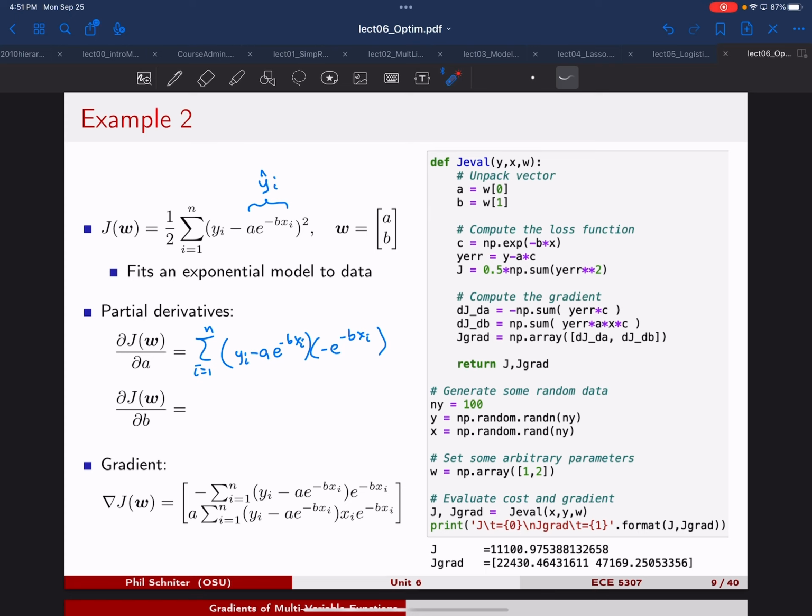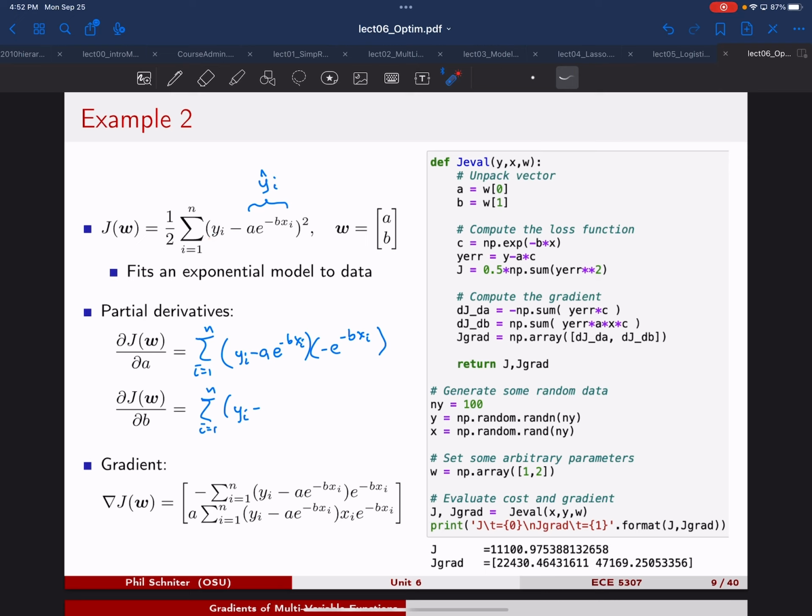Summation of n, and then yi minus b. Okay, so we will have this whole thing, right?